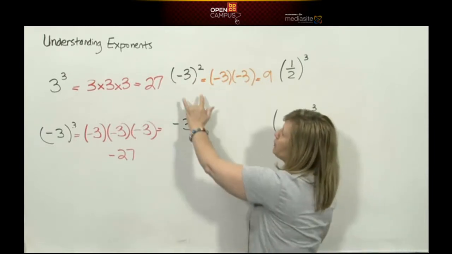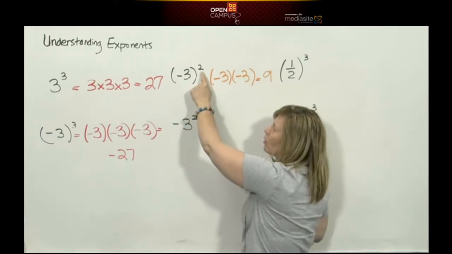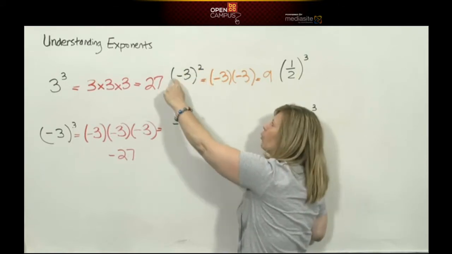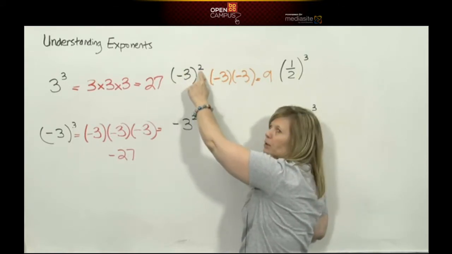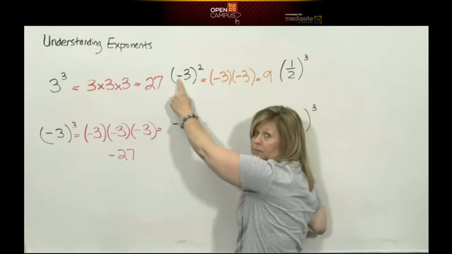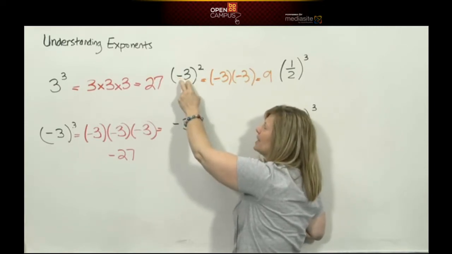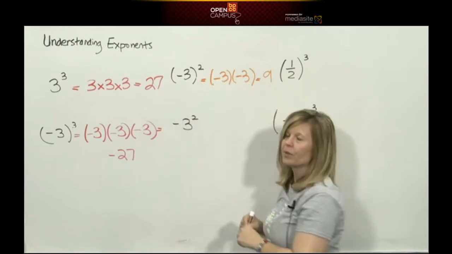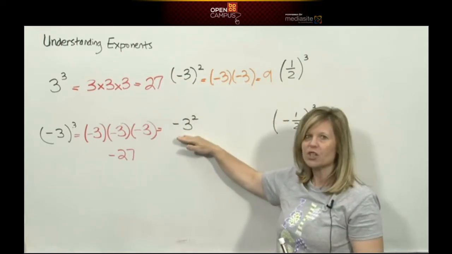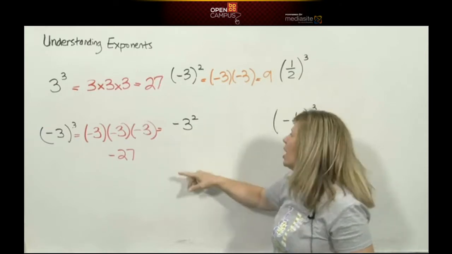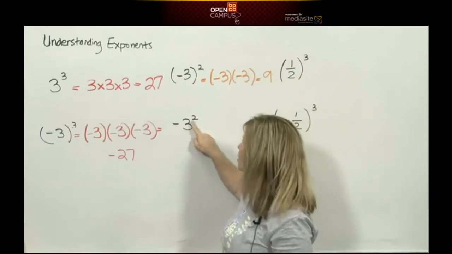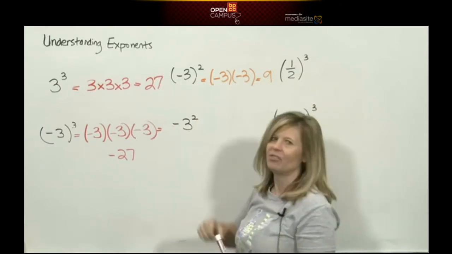I want everybody to look up here again. There's a square, there's an exponent. This parentheses means this exponent belongs both to the symbol, the sign, and the digit. So that's why we're writing the negative 3 twice. On this expression without the parentheses, the square, the exponent, does not belong both to the sign and the digit.